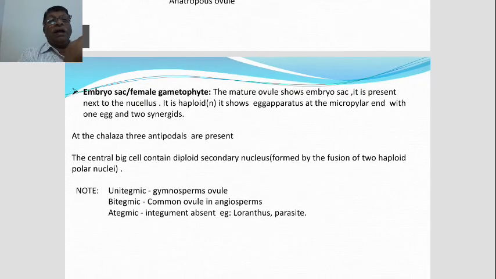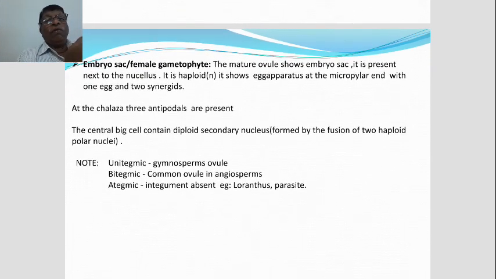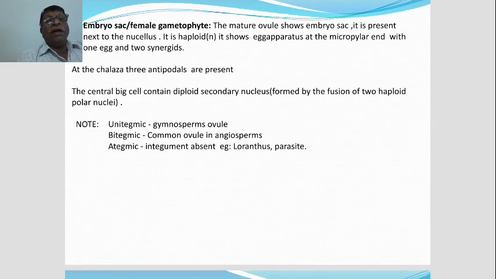Okay. So now the ovule when mature, I told you it contains embryo sac. It's also called female gametophyte. The mature ovule shows embryo sac. It is haploid. It shows egg apparatus at the micropylar end, and this consists of one egg and two synergids.